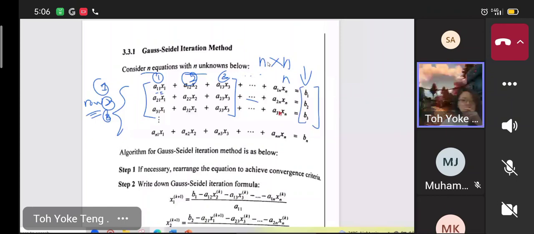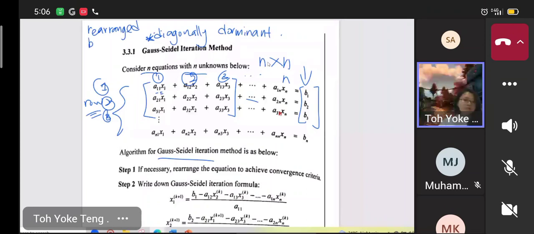So what is the Gauss-Seidel iteration? For the Gauss-Seidel iterations, the important thing here is that the matrix must be diagonally dominant, which is different from the previous one. Previously, if the question asks you to solve it using the Cholesky method, for sure the condition is fulfilled. Here, maybe it asks you to solve it using the Gauss-Seidel iterations, but the first thing you have to check is whether it is in diagonally dominant form or not.